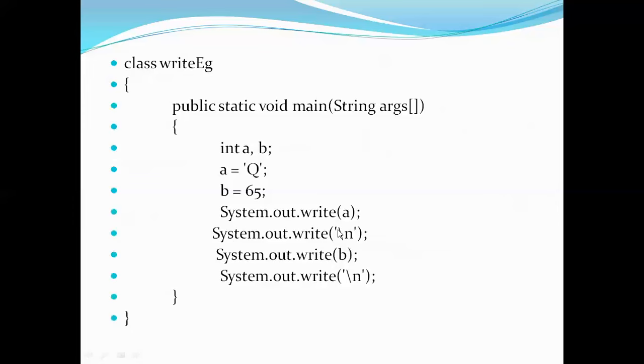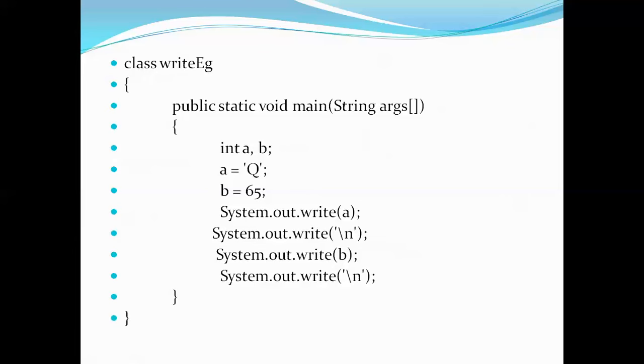And then manually I'm writing backslash n, that is, I'm writing to go to the next line. Next, similarly, I'm printing the value of b, and here also I'm manually specifying to go to the next line. On the whole, I'm just printing the a value and b value. So your output will be q and 65. So this is about writing the output onto the screen.